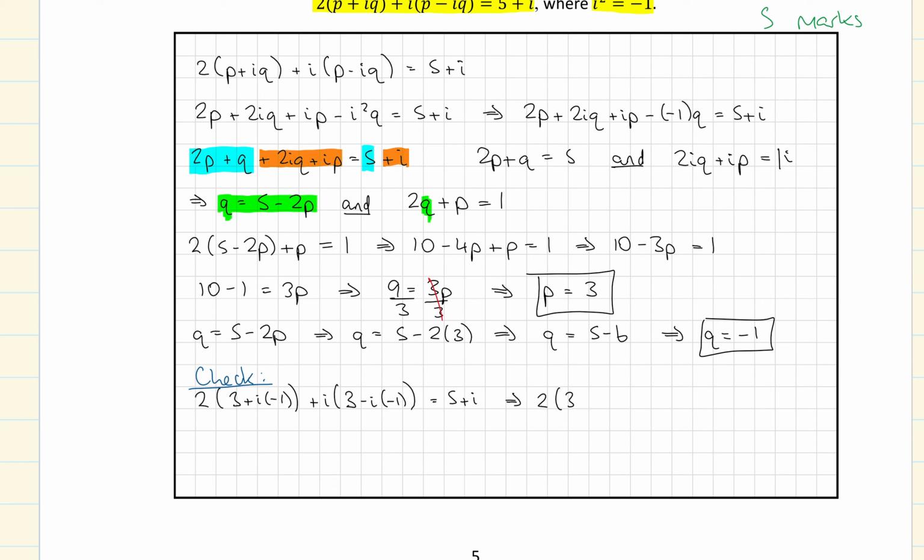So that's 2 times 3 minus i plus i times 3 plus i equals 5 plus i. 2 3s are 6 minus 2i plus 3i plus i squared equals 5 plus i. So we get 6 plus i squared will give me minus 1. Minus 2i plus 3i is plus i.